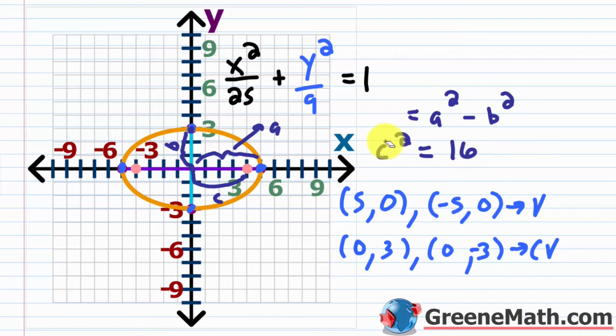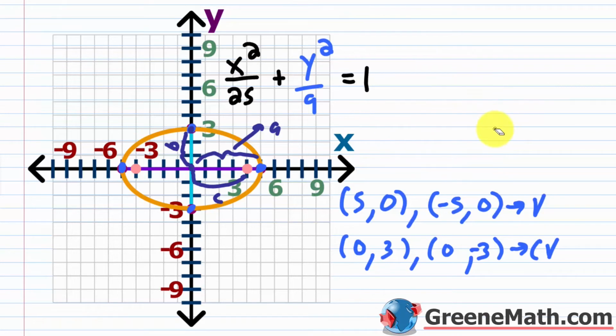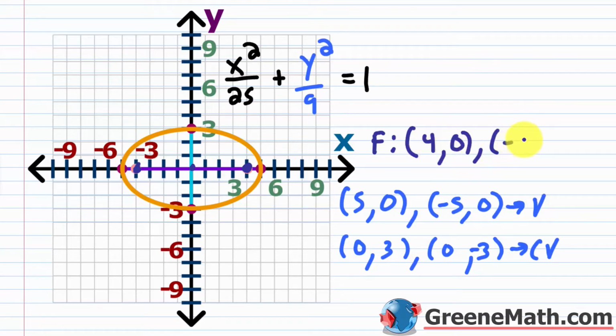So the focus would occur 4 units to the right of the center and 4 units to the left. So your foci in this case, because you have 2, would be 4, 0 and negative 4, 0. So that's where those 2 points came from.